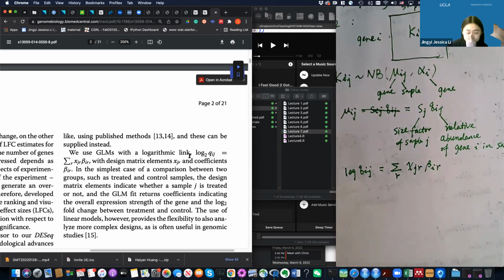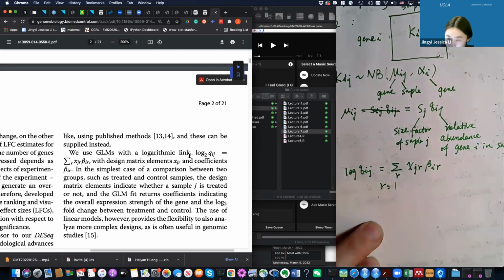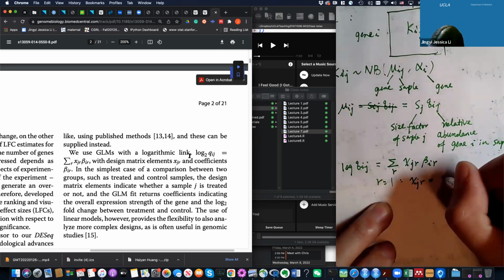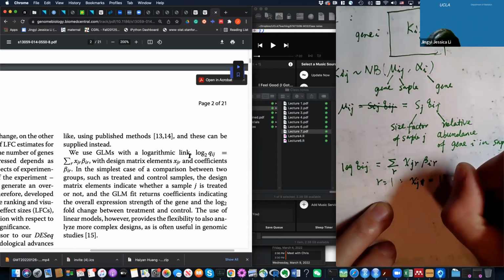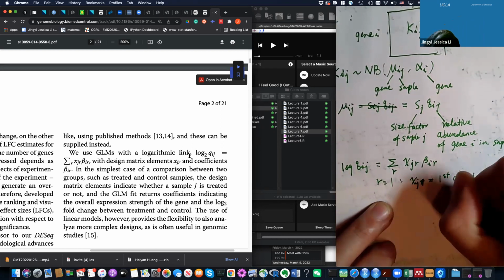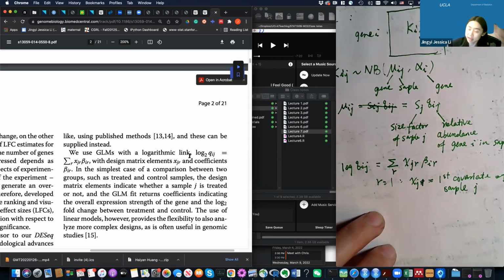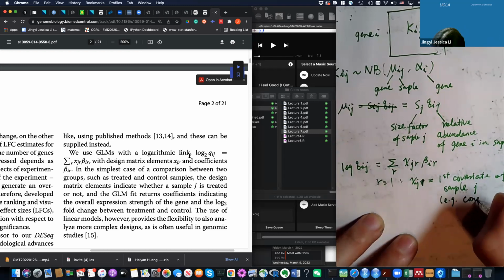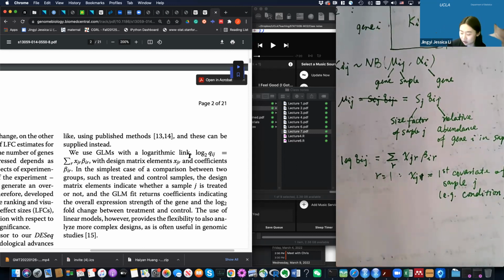So what does that mean? Let's say when r equals 1, then Xj1 is the first covariate of sample j. Let me give you one example. It could be condition, right? It could be what condition sample j is in. That's the covariate.